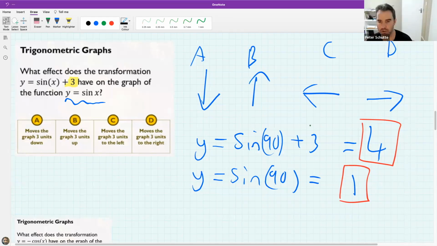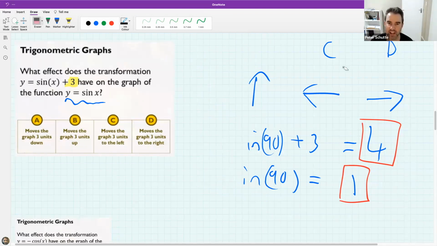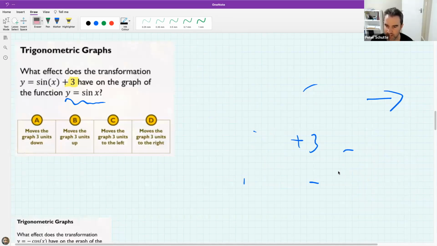Now, I want more students. So since y equals sine, doesn't it have to fall on the y-axis? It does. You know what? I'm actually going to draw this graph for you now, just as a little exercise, because we're actually only going to draw graphs in the next lesson. But let me show you a little taster of what I would think this would look like.